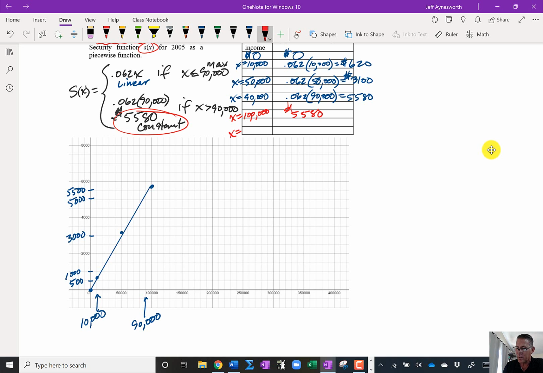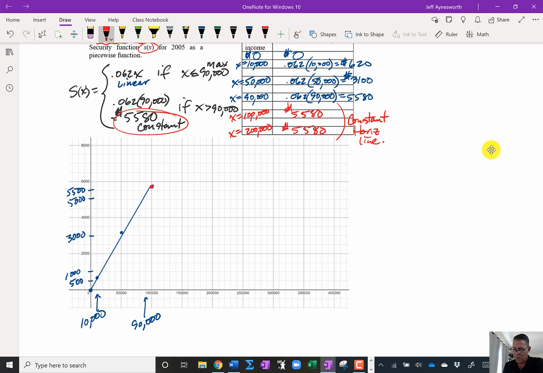So should be right about here. Let's see if that lines up now. Let me go back and redraw this line. Okay, give me a second here. Aha! That's what happened. Simple little mistake. My eyes were off on the grid lines.